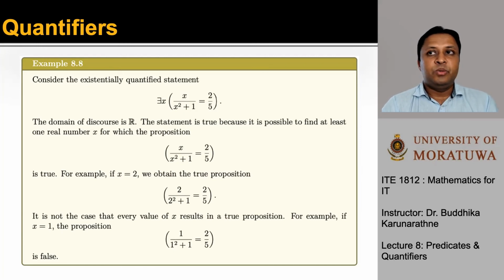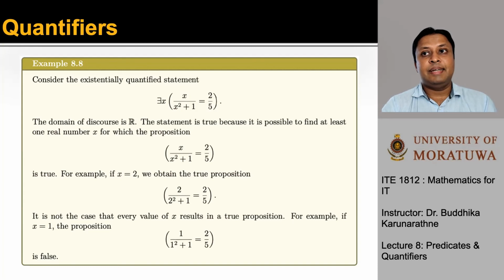The statement is true because it is possible to find at least one real number x in the domain for which the proposition x over x squared plus 1 equals 2 over 5 is true. For example, if you put x equal to 2, you obtain the true proposition 2 over 2 squared plus 1, which is equal to 2 over 5.